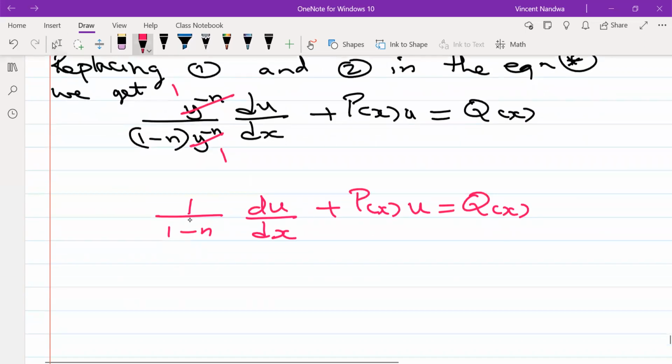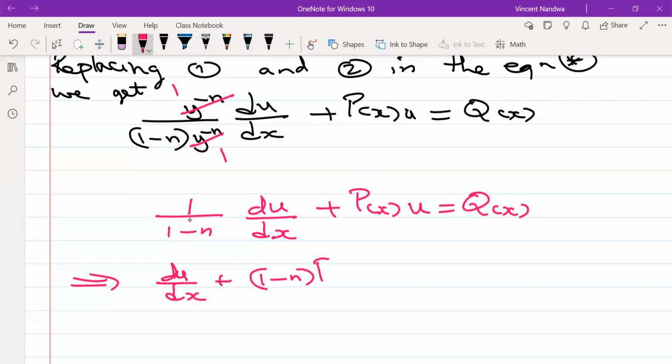Now multiplying through by this 1 minus n, we get du/dx plus 1 minus n p of x u equals 1 minus n q of x.